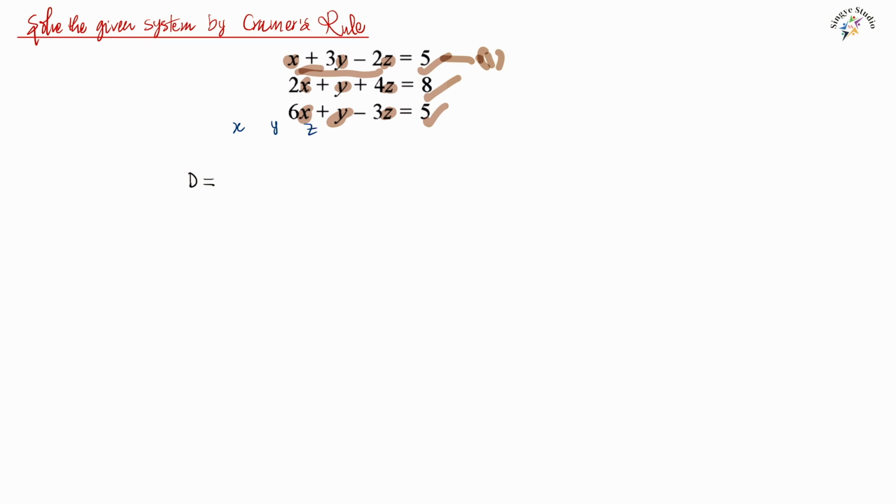So, here our coefficient of x are 1, 2, and 6. Then y are 3, 1, and 1. And z are -2, 4, and -3. So this is our determinant d.